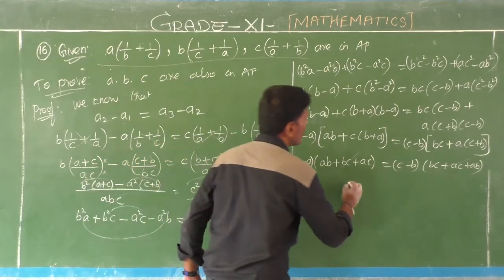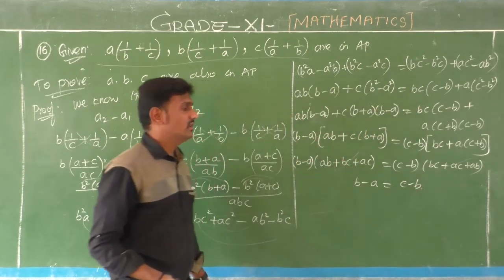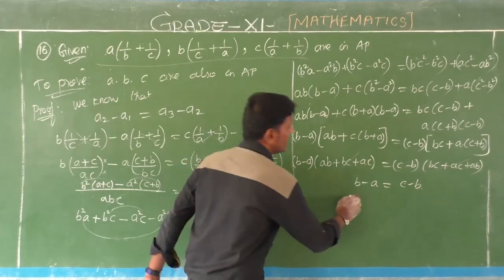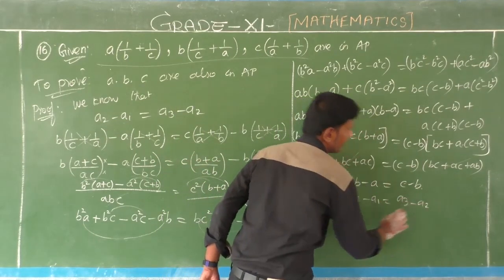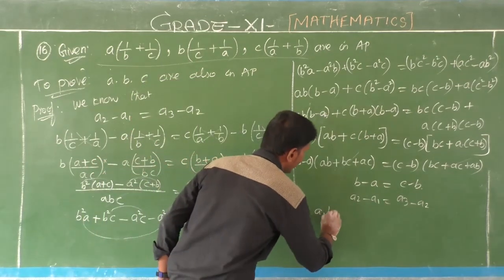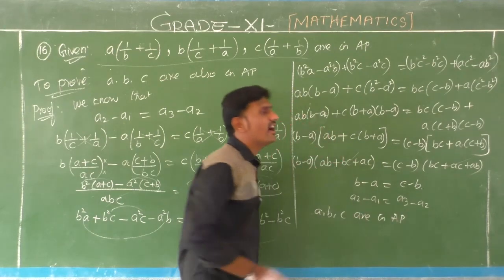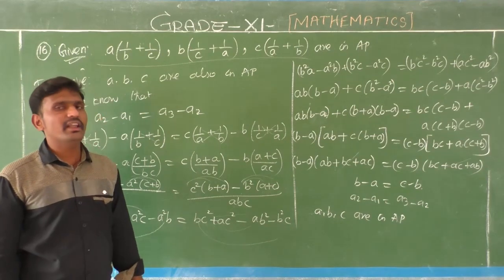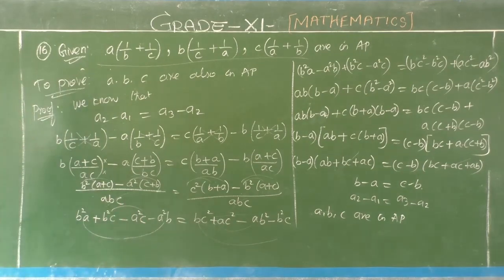So in simplest form you are going to get B minus A equal to C minus B. So here you have A2 minus A1 equal to A3 minus A2 form. So finally we have concluded A, B, C are in AP. Why? Because we are satisfying the condition A2 minus A1 equal to A3 minus A2. Yes, student, have you got it this time? Okay, fine.